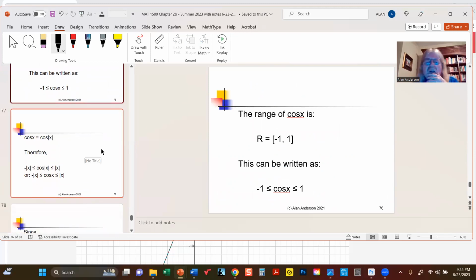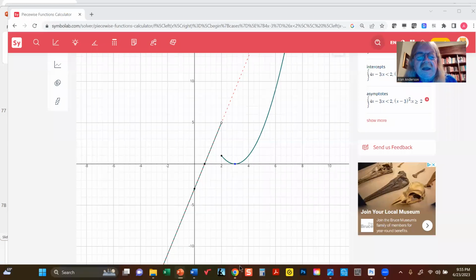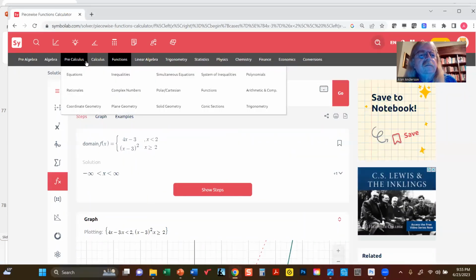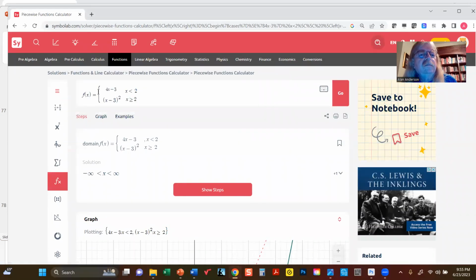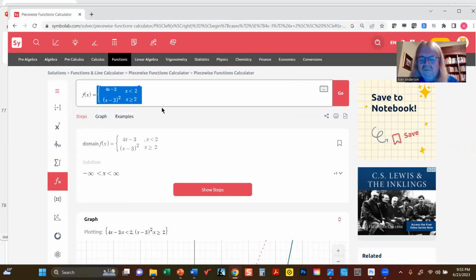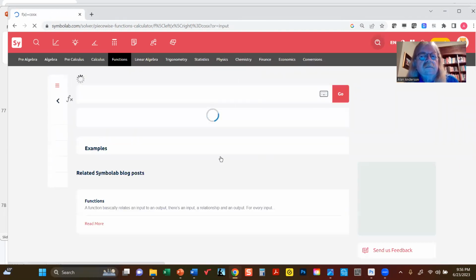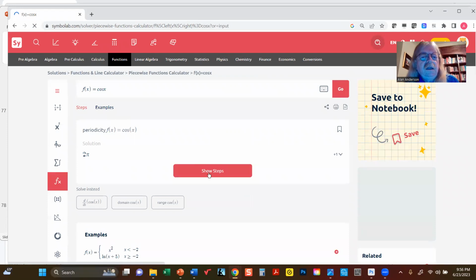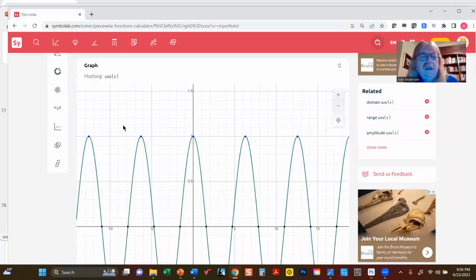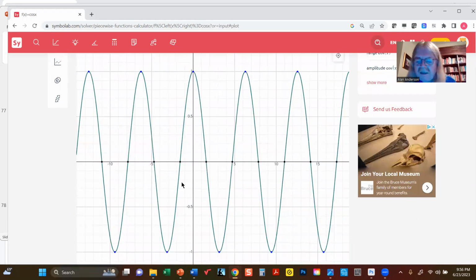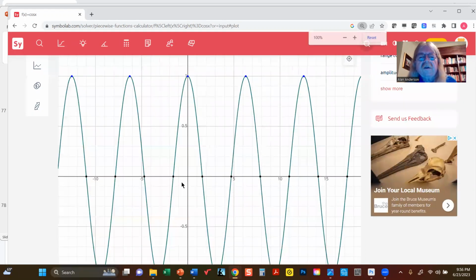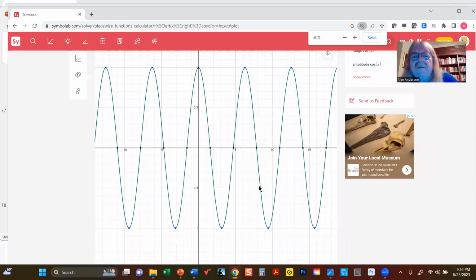By the way, they're going to try to prove it here by mentioning that if you look at the graph of the cosine of x, which we can do in Symbolab, if you look at it carefully, you'll see that it's really going through a series of these waves.